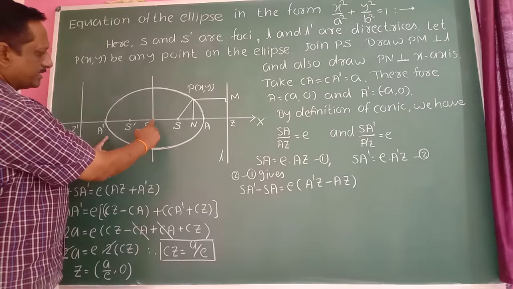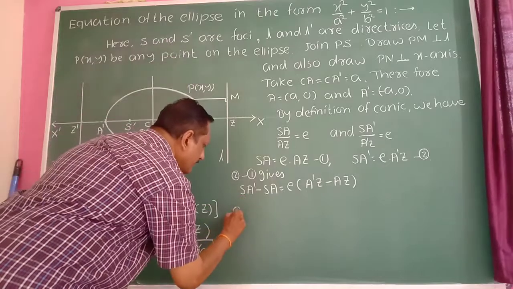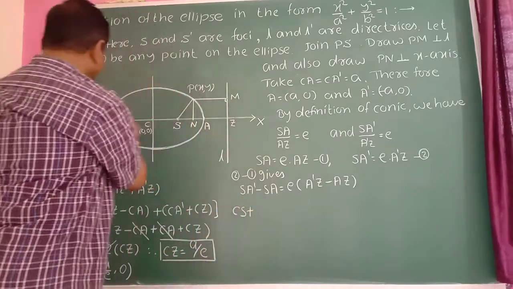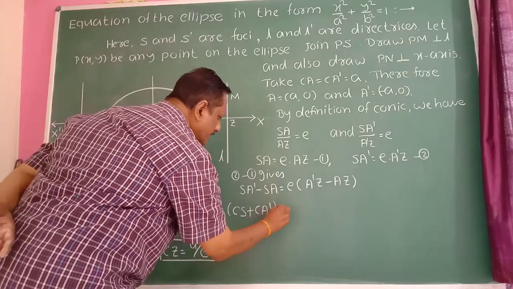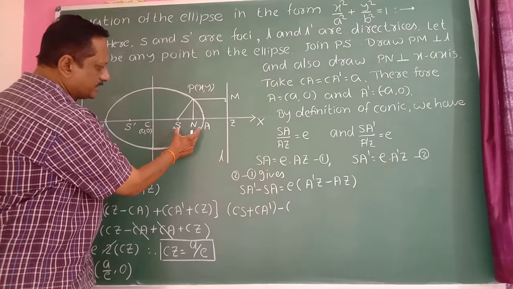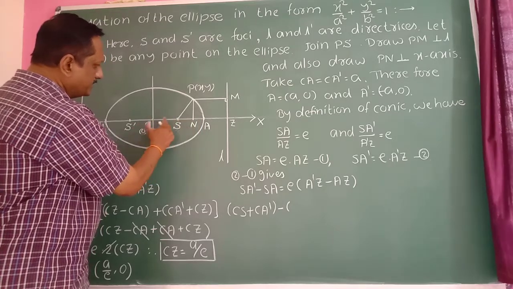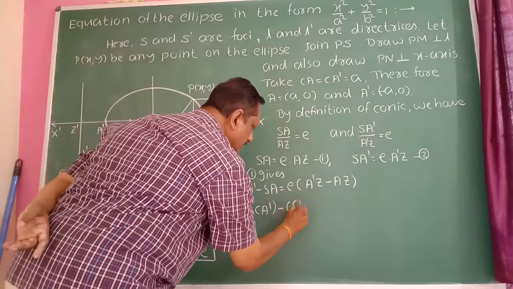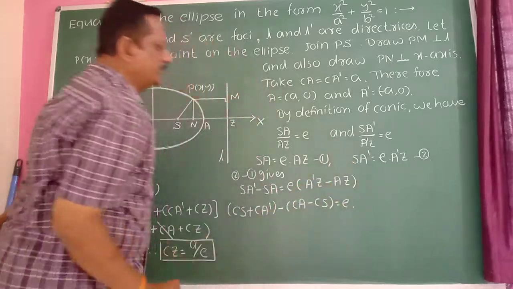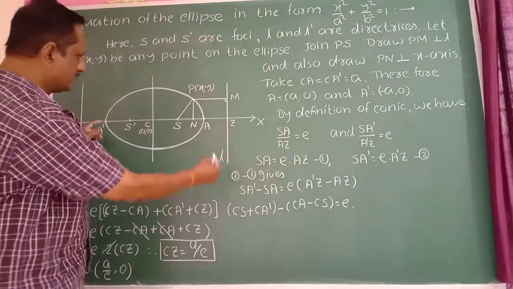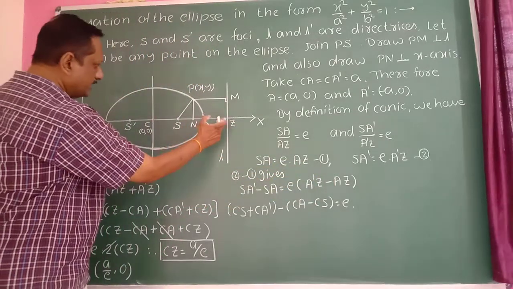From the diagram, you can write A dash as CS plus CA dash, in brackets, minus SA. SA means this length, which can be written as CA minus CS, is equal to e into A dash Z minus AZ.